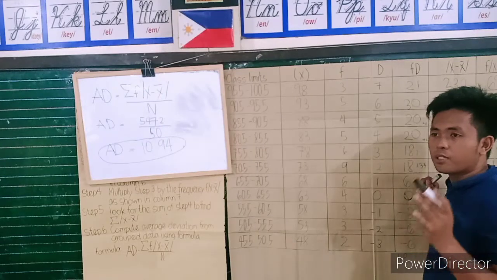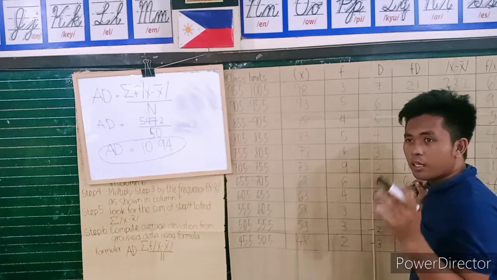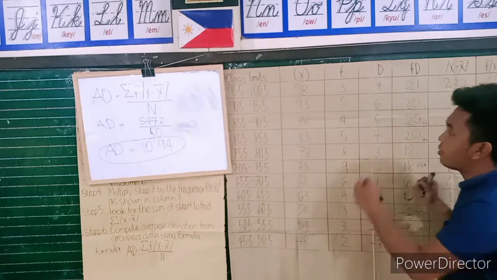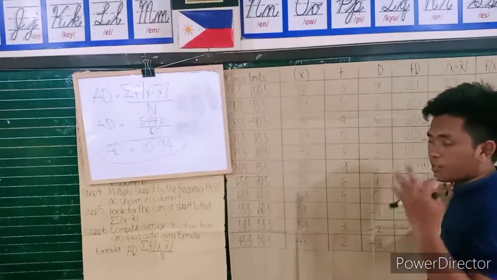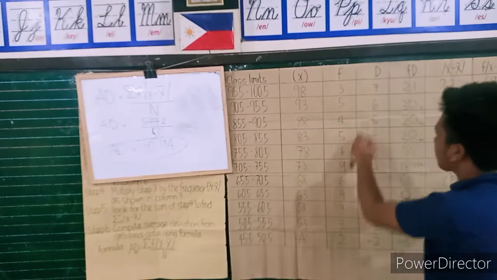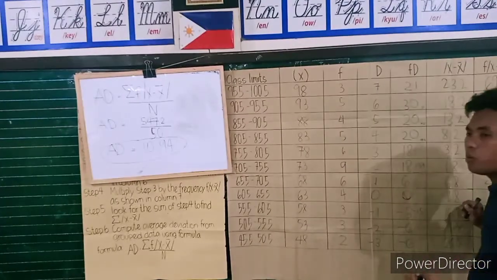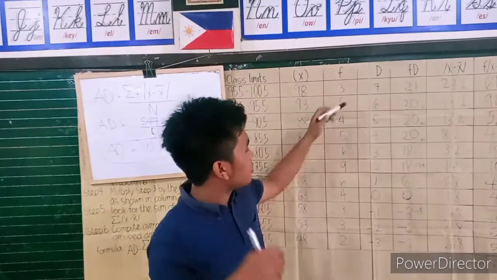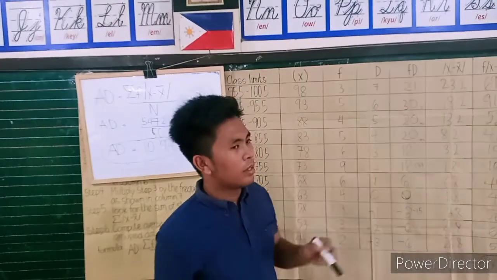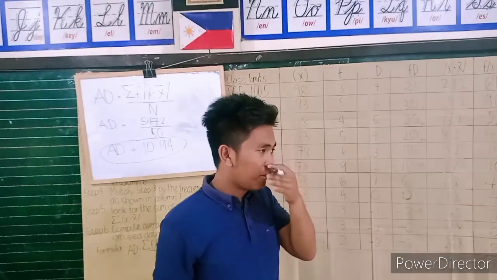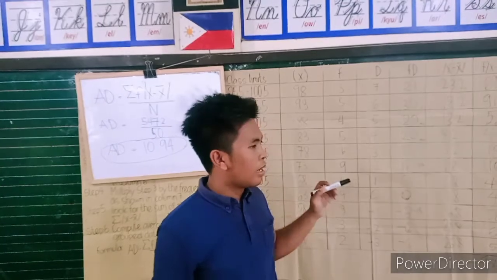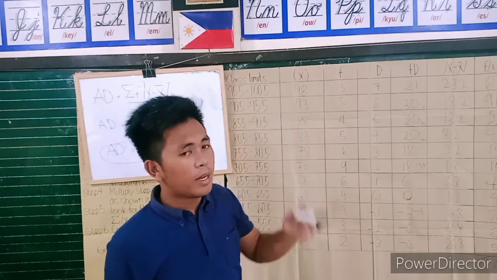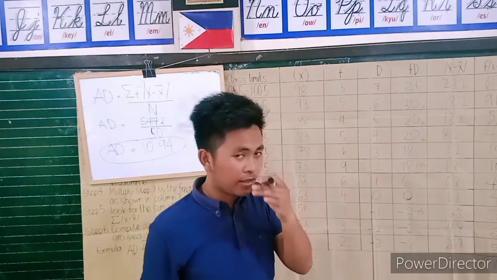It is the number of times that students got that score in the assessment. For example, 4 students got 95, 3 students got 98. That is the frequency. As for deviation, there is no formula for getting the deviation. You can only place it here, but you need to note that higher than 0 is positive and lower than 0 is negative.